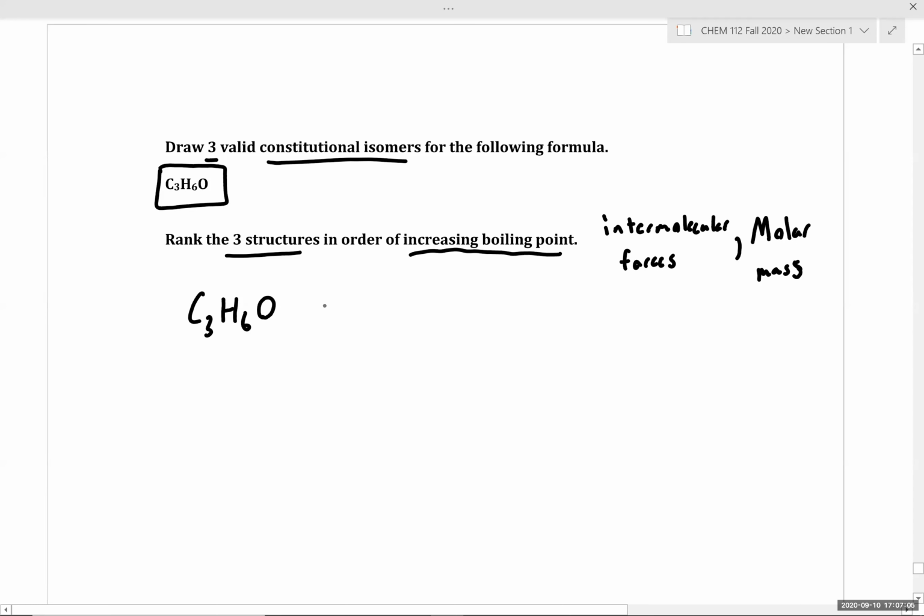So for example, in this case, we can calculate the DU by taking the number of carbons, which is 3, minus the number of hydrogens, which is 6, over 2, plus 1.